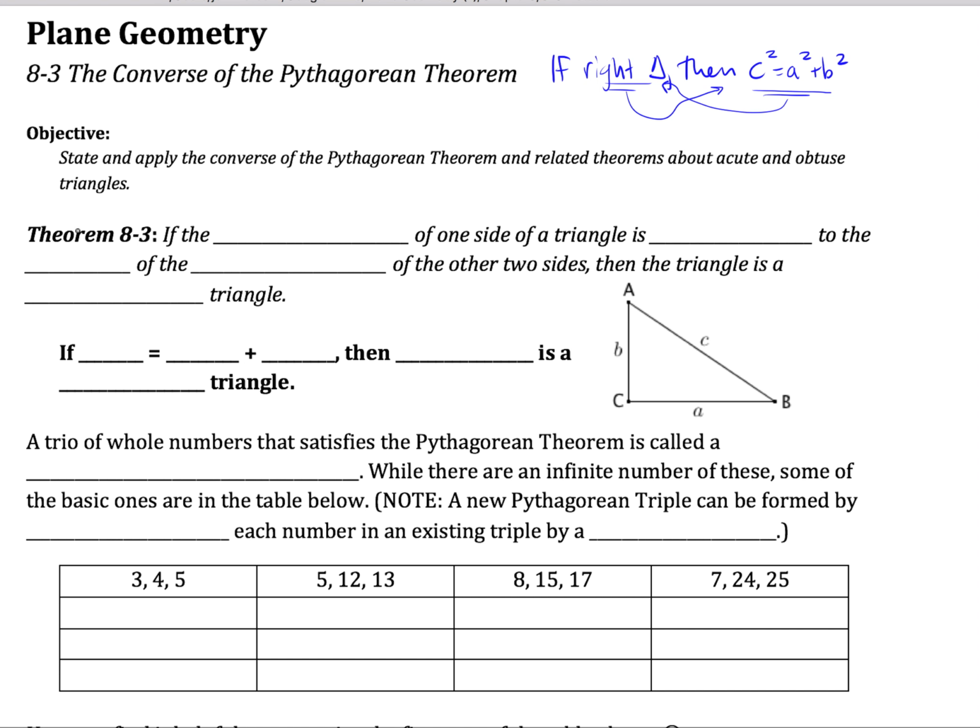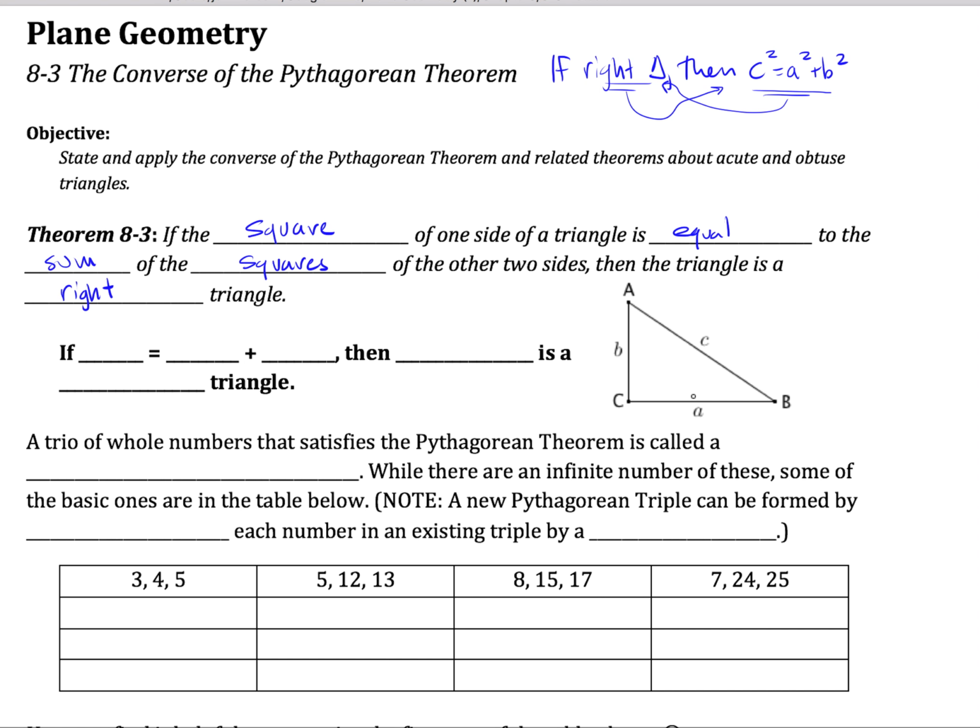So let's jump right in and take a look at Theorem 8-3 here. It would say that if the square of one side of a triangle is equal to the sum of the squares of the other two sides, then the triangle is a right triangle.